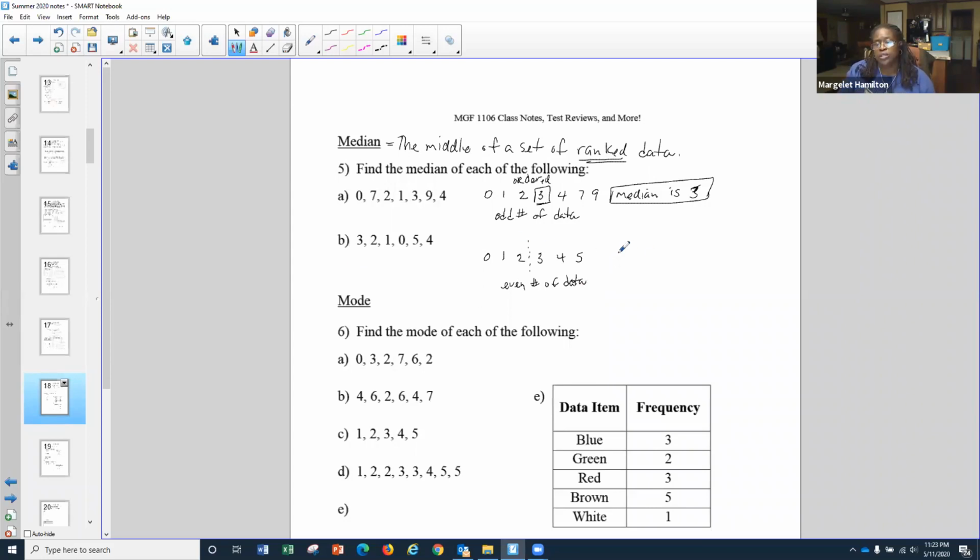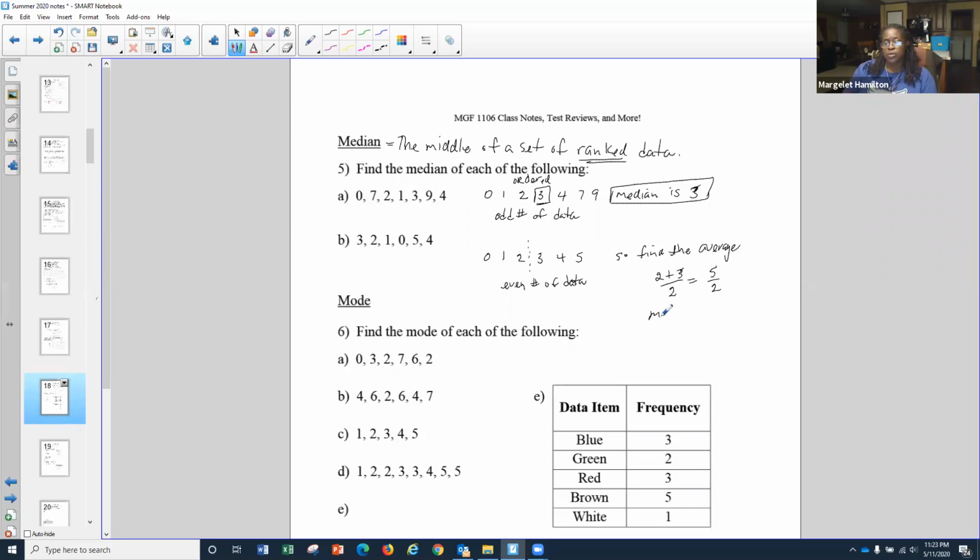So find the average. So we have 2 plus 3 divided by 2. So 5 divided by 2. And there's our median.